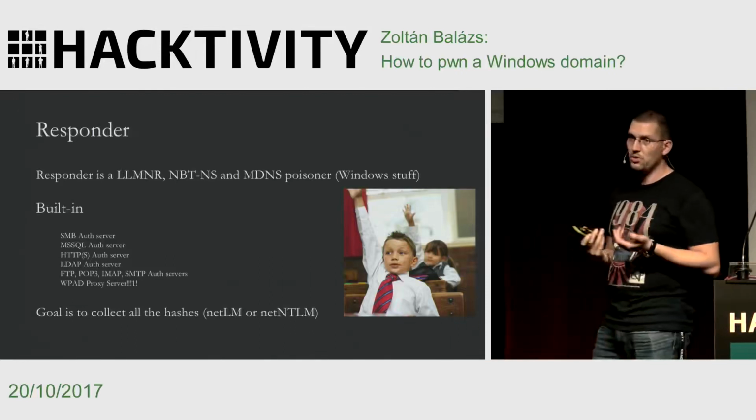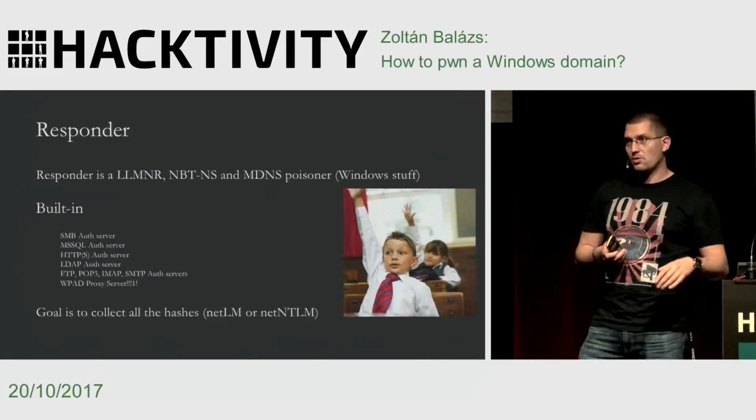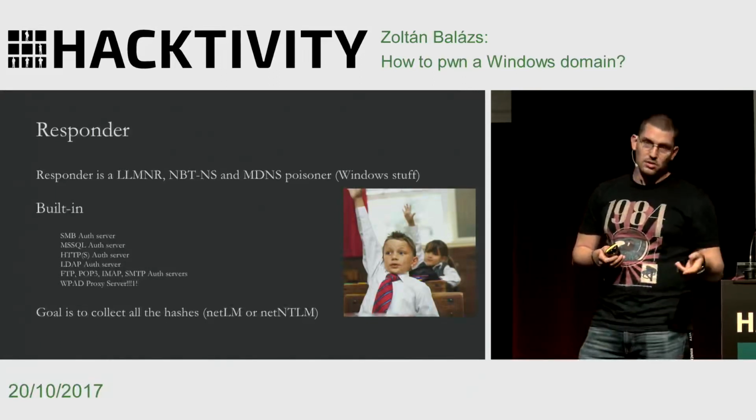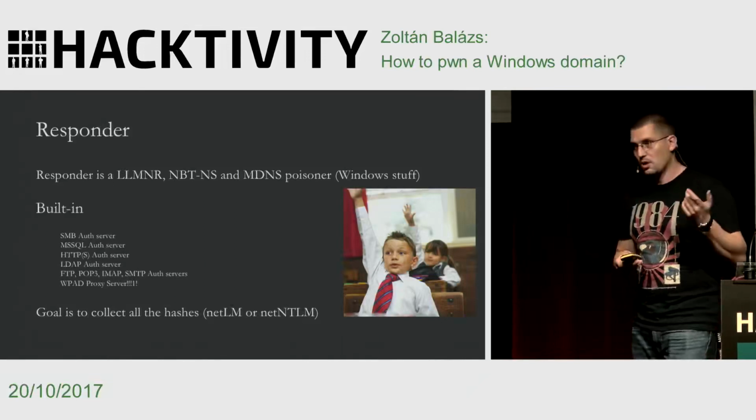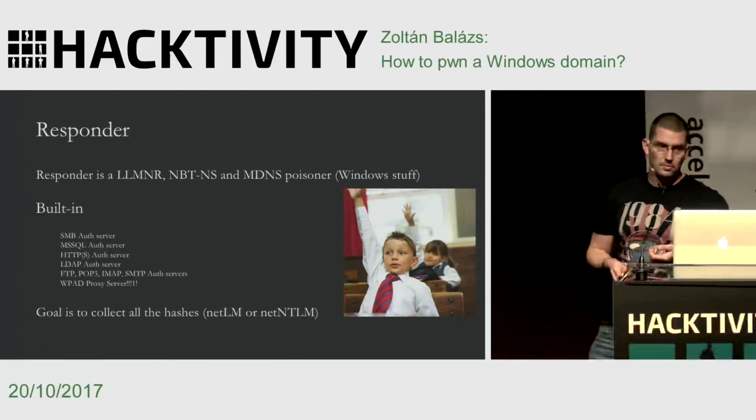And what's really nice about this, that because the victim will authenticate to you, you can instantly grab all the hashes from the protocol, which you can use to crack it.